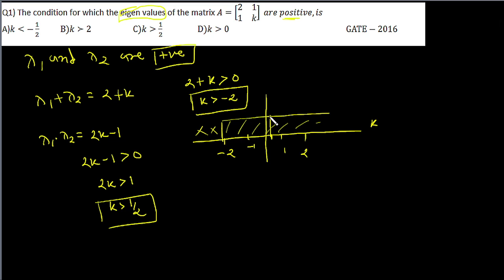This is the only region that satisfies both the first and second conditions. So we can say k must be greater than 1 and a half, and option C is the correct condition for k.